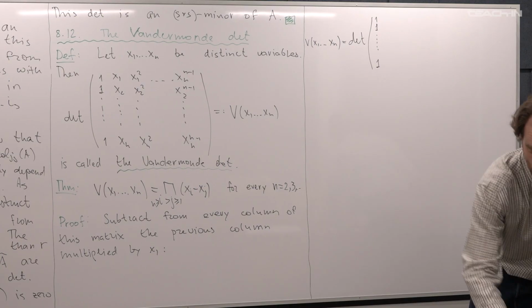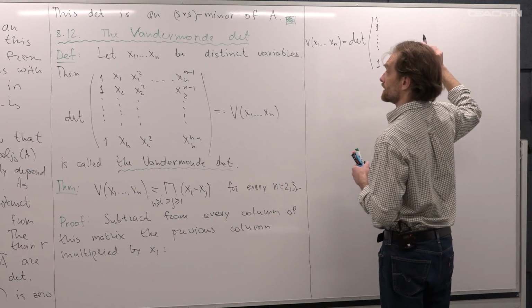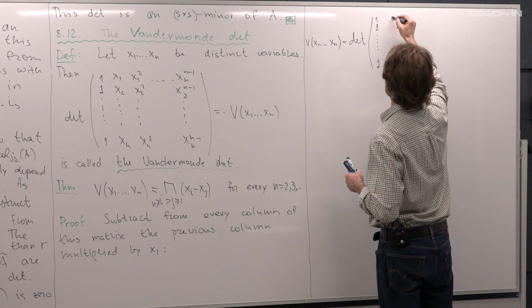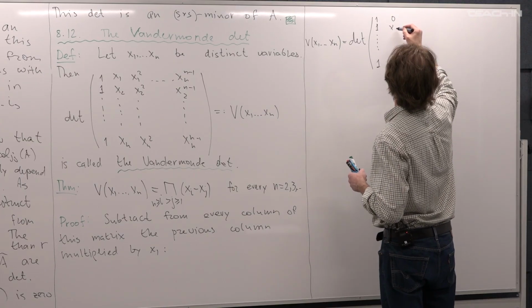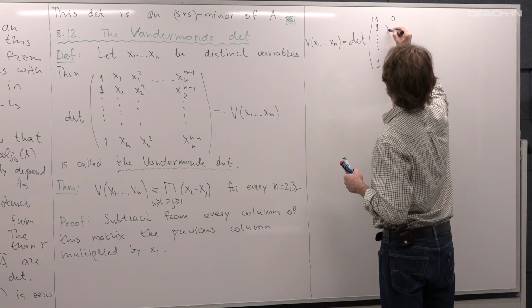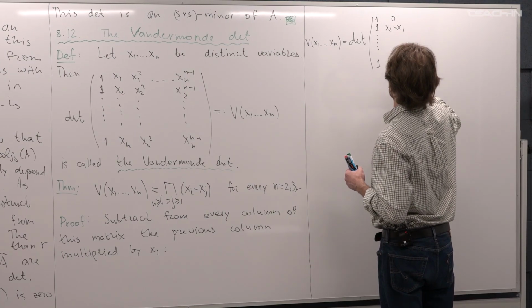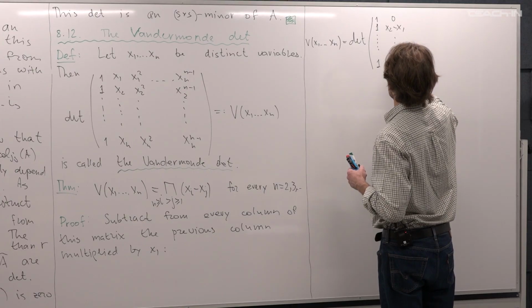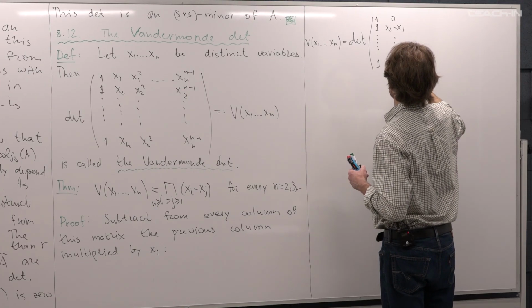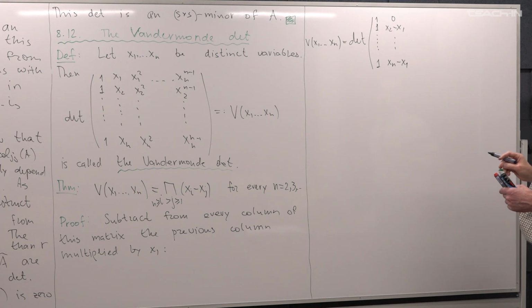So the second column has the form 0, then x2 minus x1, then let's say x3 minus x1, and so on, xn minus x1. So these are the elements in the second column.